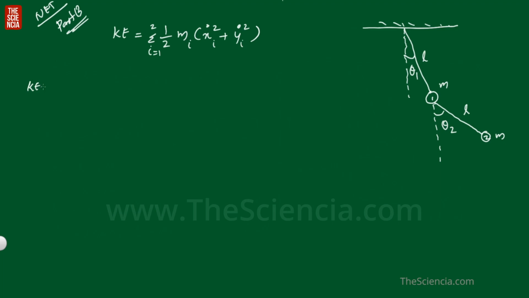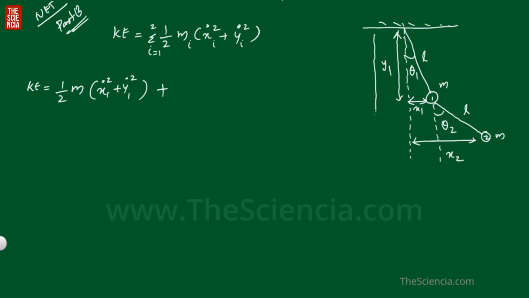So the kinetic energy is 1 by 2 m (ẋ1² plus ẏ1²) for the first mass, with x1 and y1 as its coordinates, plus, for the second particle, half m (ẋ2² plus ẏ2²), taking this distance as x2 and this distance as y2.